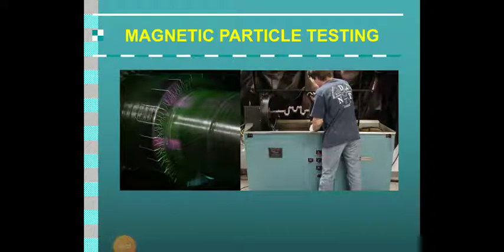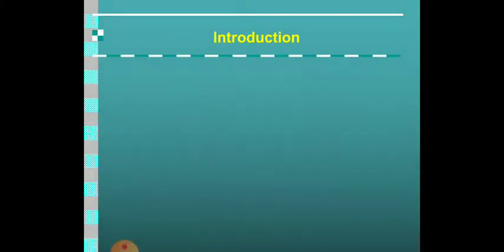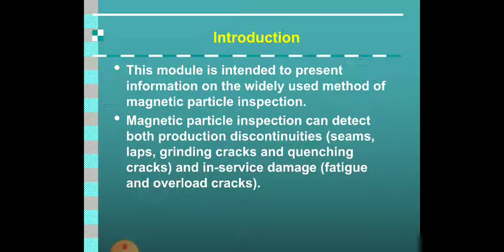Magnetic particle inspection, that we discussed earlier, and now we are going into the detail of how this magnetic particle inspection is helpful for testing the material, the things we already discussed.